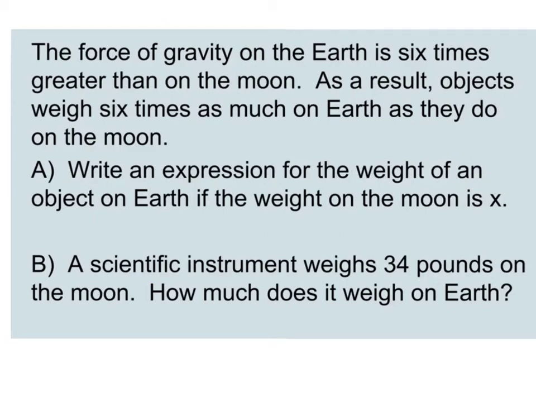So part A says, write an expression for the weight of an object on Earth if the weight on the Moon is X. And it gets very confusing when you see all these words, so it's really, really important that you go back to the problem and highlight those key terms that we've been talking about. So in the first sentence it says the force of gravity on Earth is 6 times greater than on the Moon.